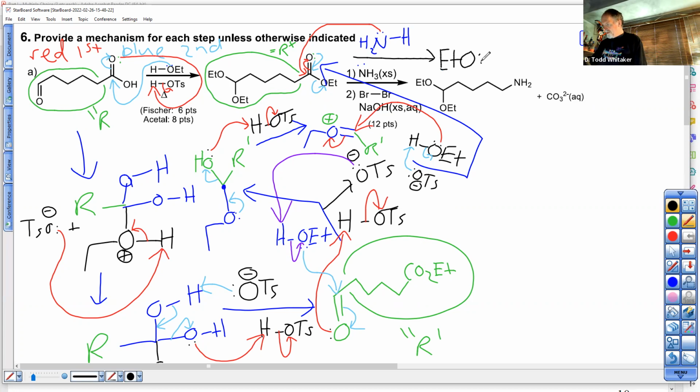And I hope you know that EtO minus is definitely a strong enough base to deprotonate an ammonium ion, and a neutral nitrogen that makes a 4th bond, which is what this mechanism says, is going to generate an ammonium ion. And yes, this base will deprotonate the ammonium ion in a step 3.